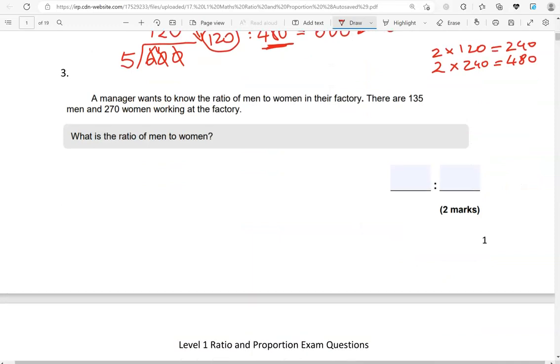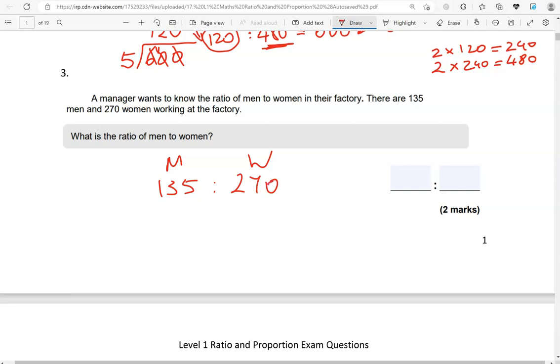A manager wants to know the ratio of men to women in their factory. There are 135 men and 270 women working at the factory. What is the ratio of men to women? So we've got to simplify these numbers.